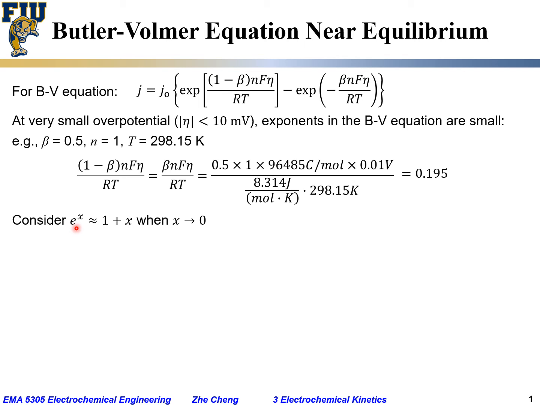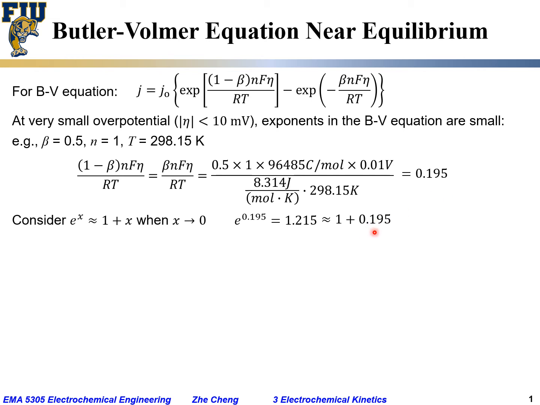The e to the power of x would be approximated by 1 plus x when x goes towards 0. For this case, the exponent is 0.195, and e to the power of 0.195, you punch that into a calculator, we get a number of 1.215, which is approximately 1 plus this exponent number.